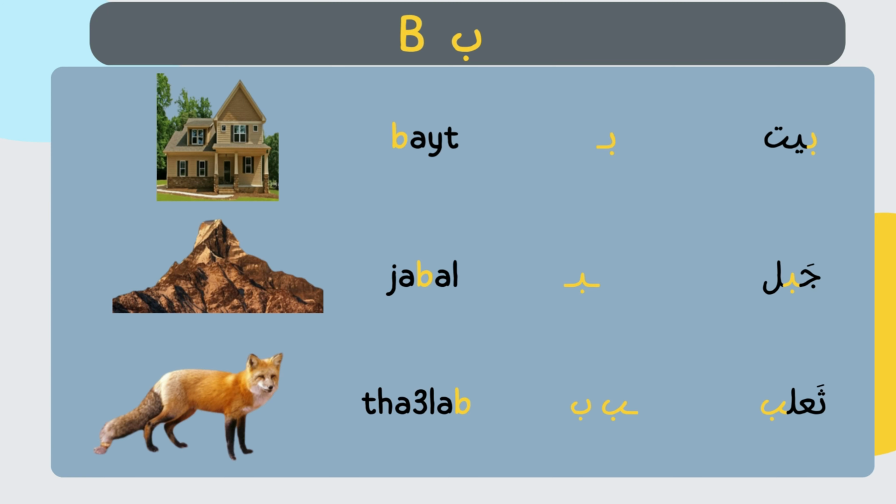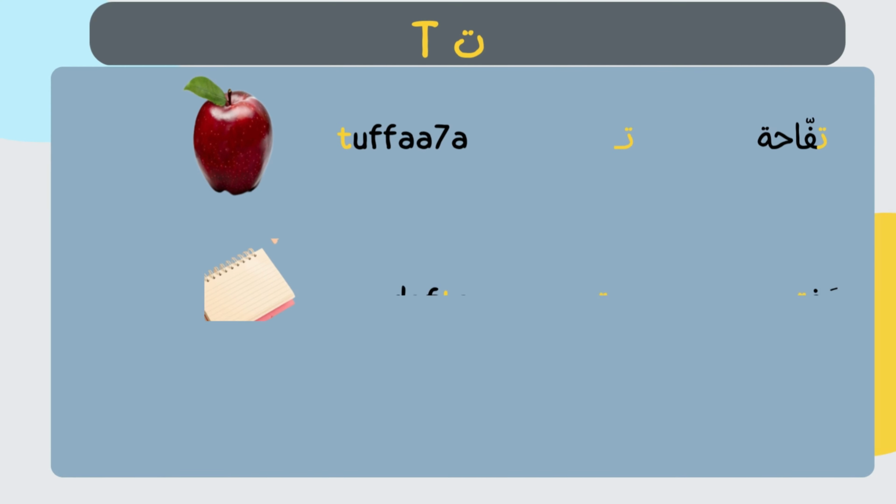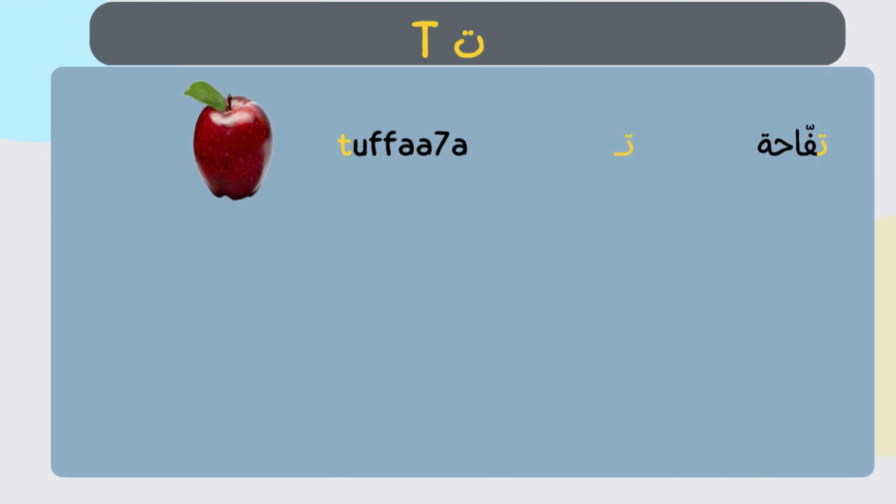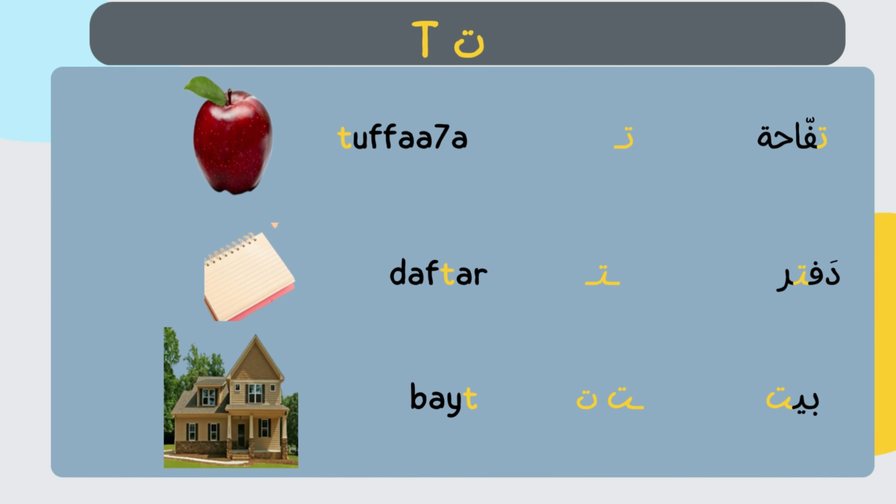Next letter in this group is ta. Looks exactly like ba, but instead of one dot under, we have two dots above. This is the main shape of the letter ta. Then the initial position, it is the same approach, just the first half of the letter.